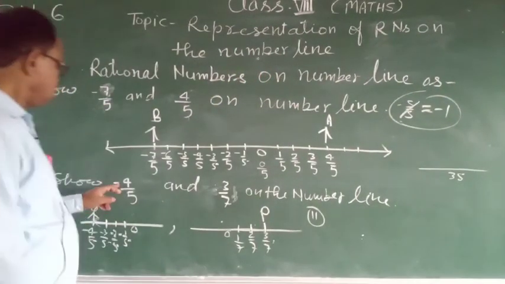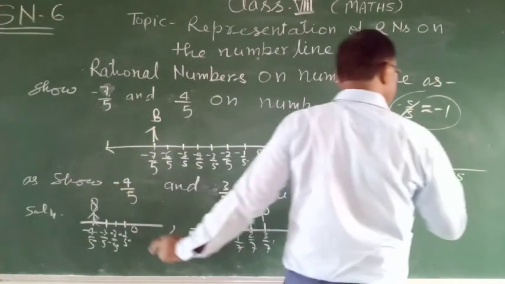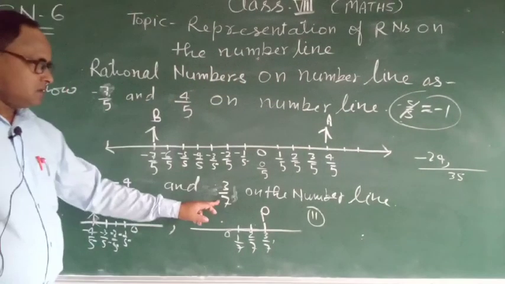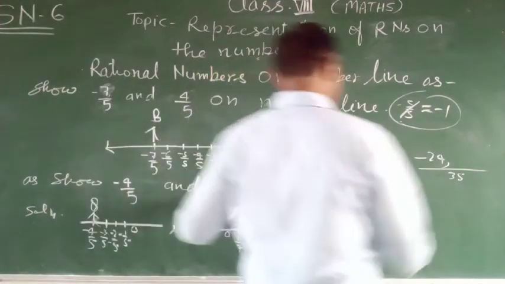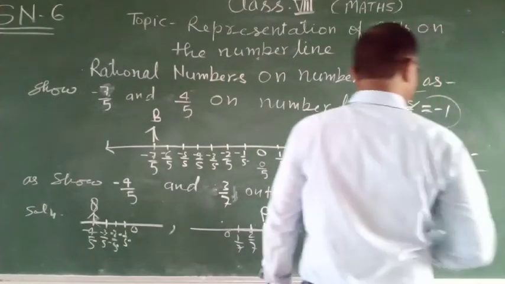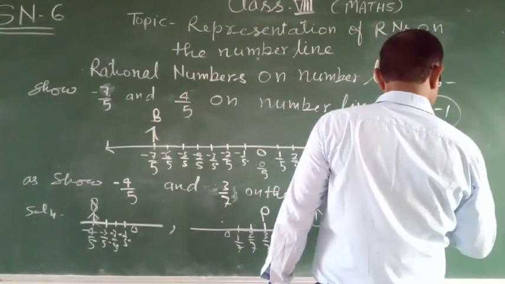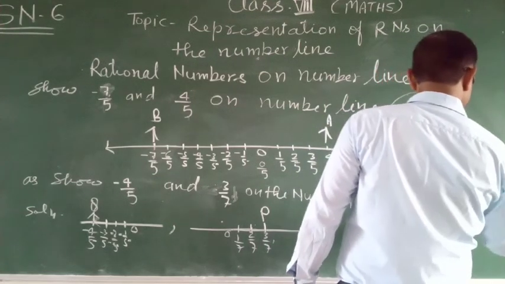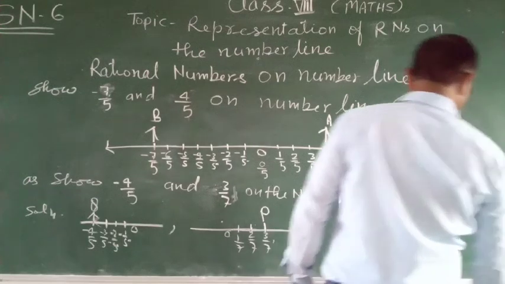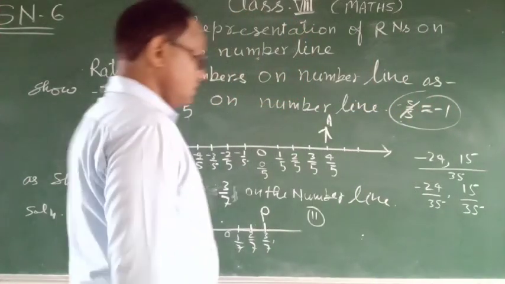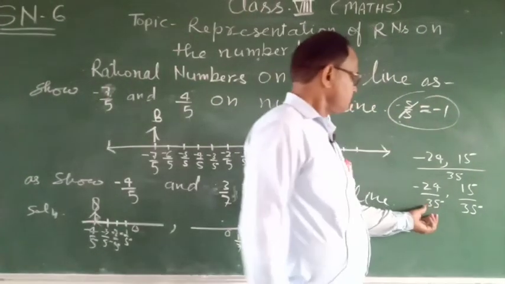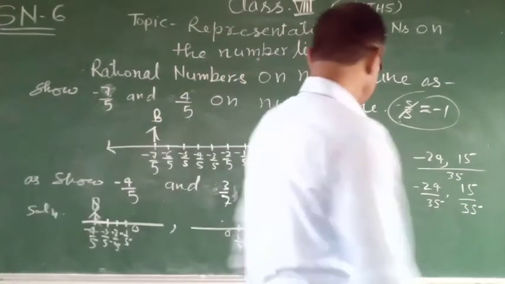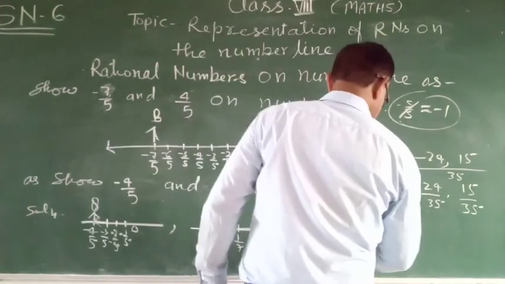Then the values are minus 24 upon 35 and 15 upon 35. Okay, student, in this case the denominators are the same, so we can show them on the number line.